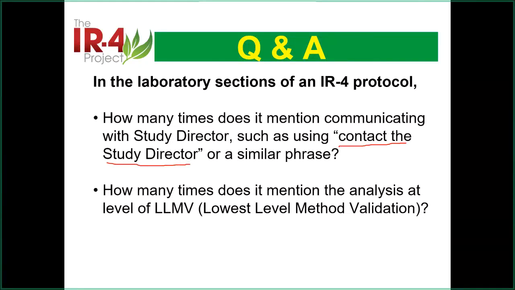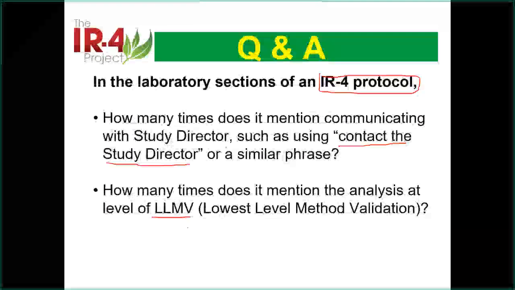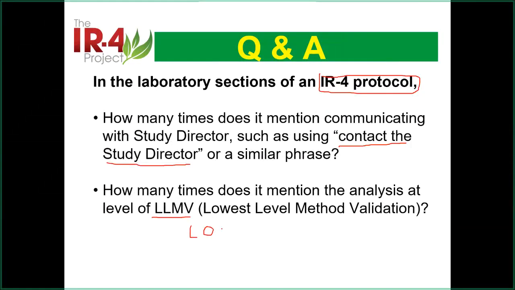Another one is how many times, using the IR4 protocol as an example, it mentions LLMV. This is equivalent to what most places call LOQ, but it's not exactly the same thing, but close enough.